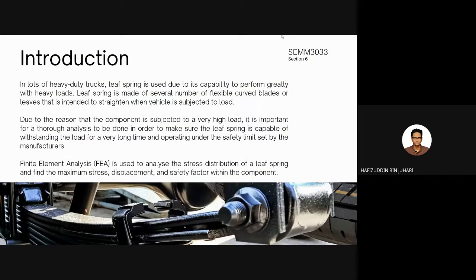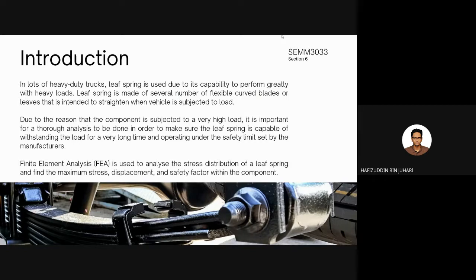In lots of heavy-duty trucks, leaf spring is used due to its capability to perform greatly with heavy loads. Leaf spring is made of several flexible curved plates or leaves that are intended to straighten when the vehicle is subjected to load. This comes to the project statement, which is due to the reason that the component is subjected to a very high load.